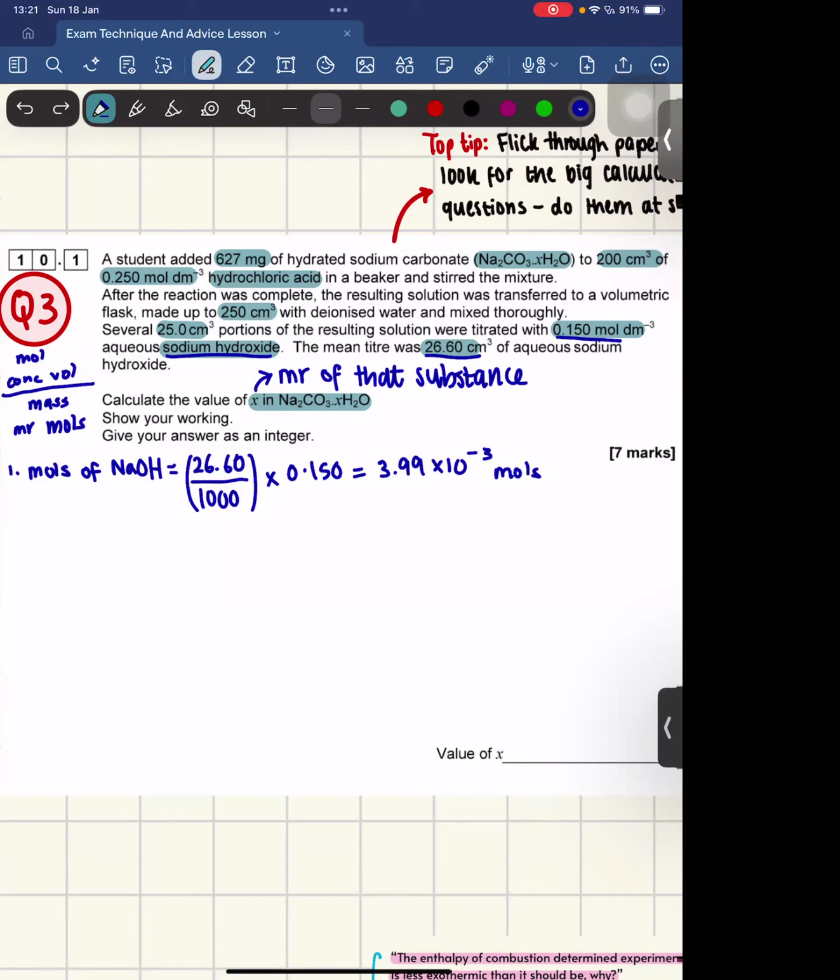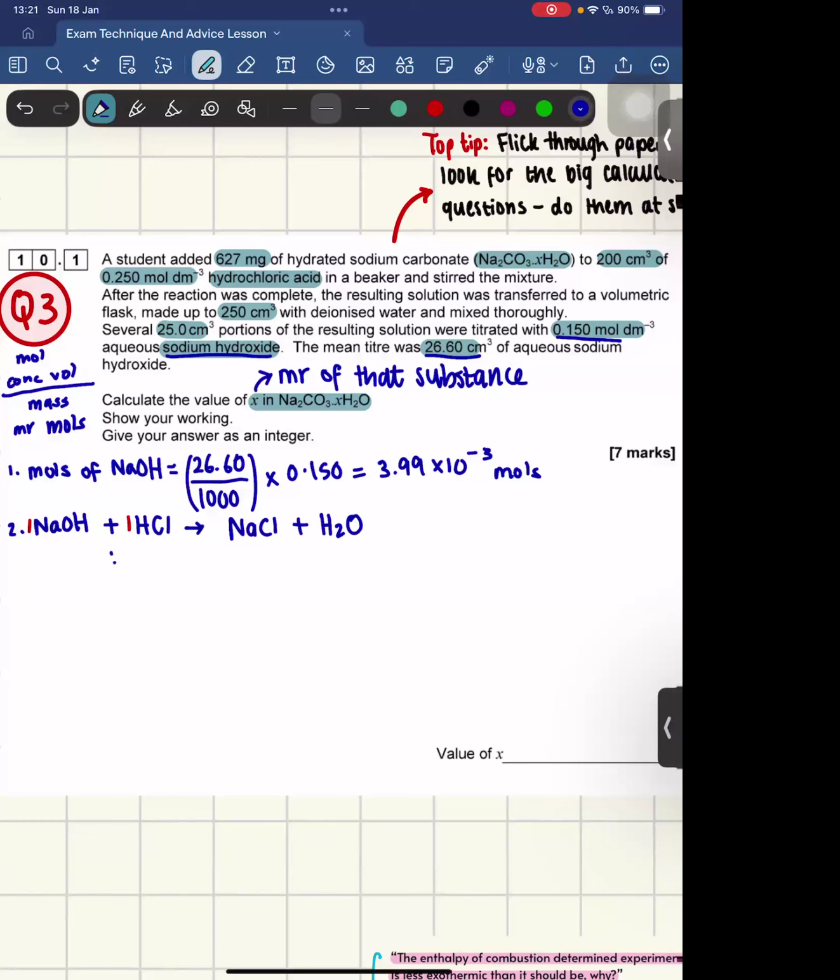Now, if we use the mole ratio, if I did NaOH plus HCl, so acid plus alkali is salt plus water, so NaCl plus H2O. Do I need to balance that? Nope, I don't need to balance that. So that's a 1-to-1 ratio of NaOH and HCl.